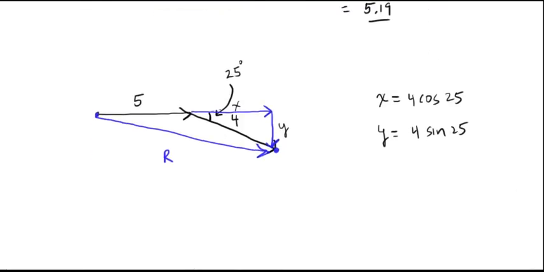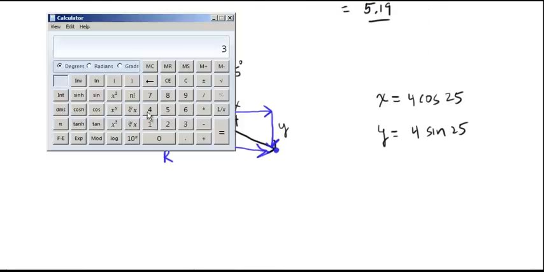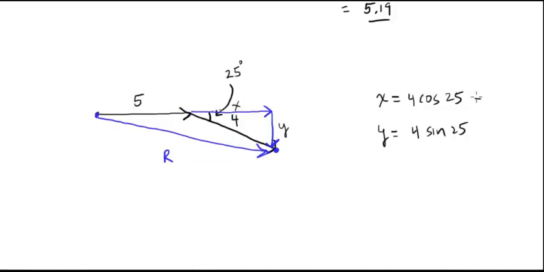Get out my calculator and say, so 25 cosine times 4 is 2.6. That's 2.6 miles east, so this is 2.6.